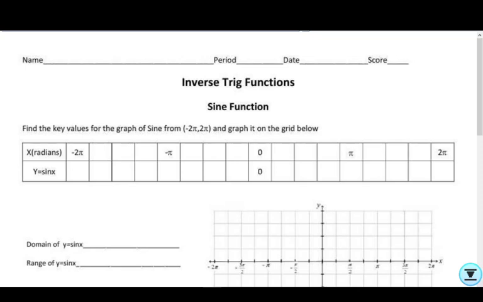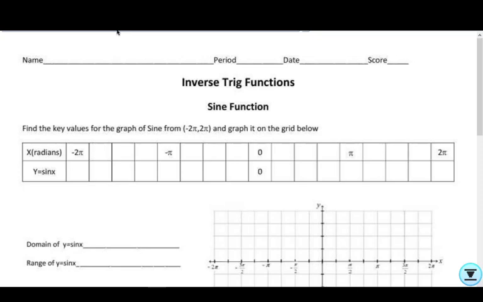Okay, so we're going to be using the key values of sine from negative 2 pi to 2 pi, and we're going to put them on this grid. So basically we're starting from almost the exact same place we did when we graphed sine. The only difference is the chart is horizontal this time instead of vertical. So we're going to start at 0, 0. And again, we're going to use values that are easily graphable.